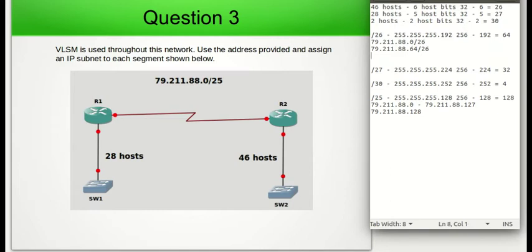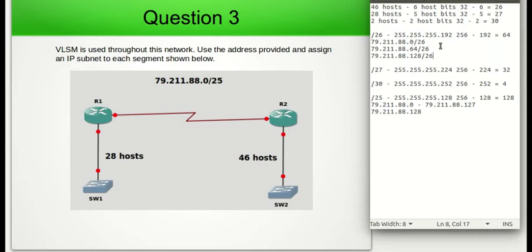Then we have 79.211.88.128/26. As you can see, if we were doing fixed-length subnet masking here, we would only have 2 subnets available to us, which means that we could only assign 2 segments subnets, and one segment would have no subnet. So this is why variable-length subnet masking comes into use, because it allows us to have more efficient use of our IP address blocks.